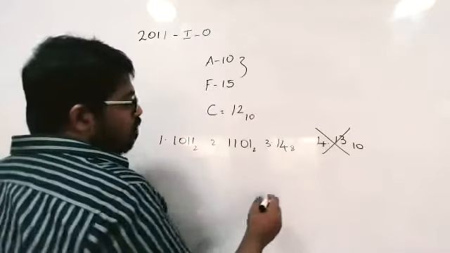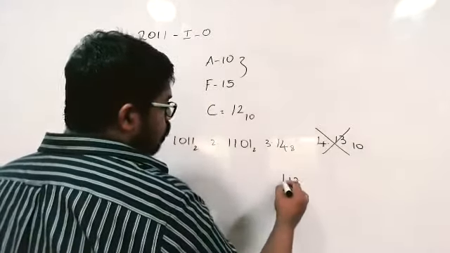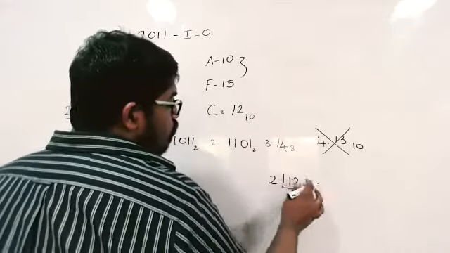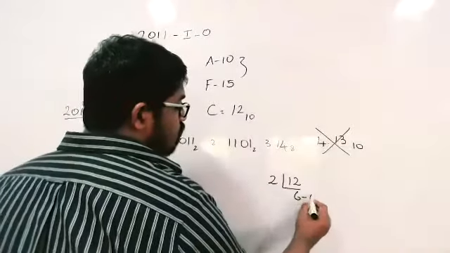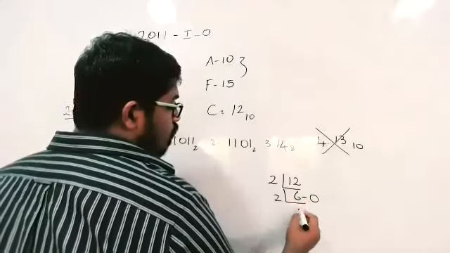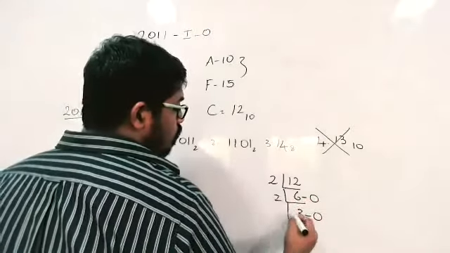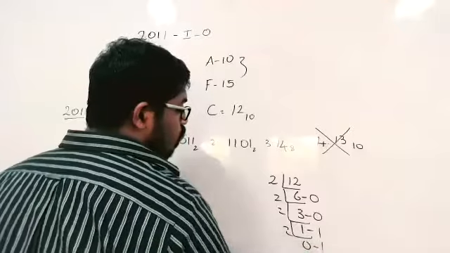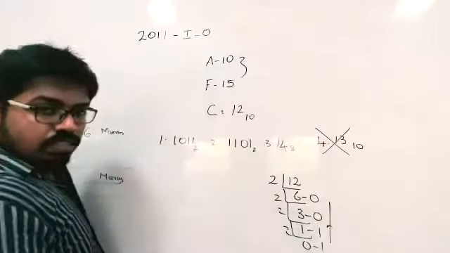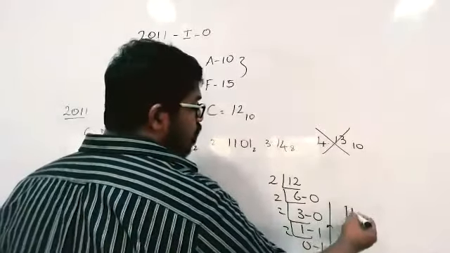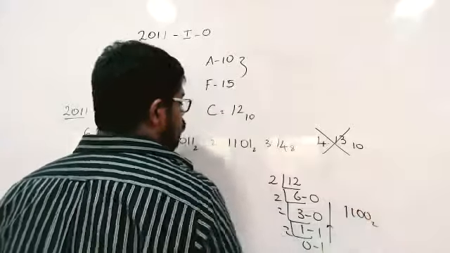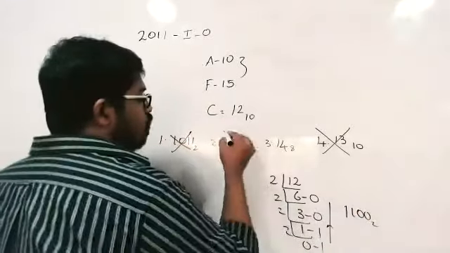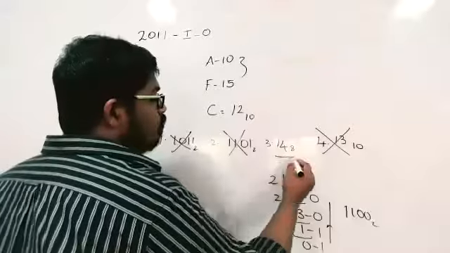So I will convert 12 into binary. So 12 divided by 2, 6, 0, 3, 0, 1, 1, 0, 1. So your answer will be 1100 base 2. 1100, yes, so done.